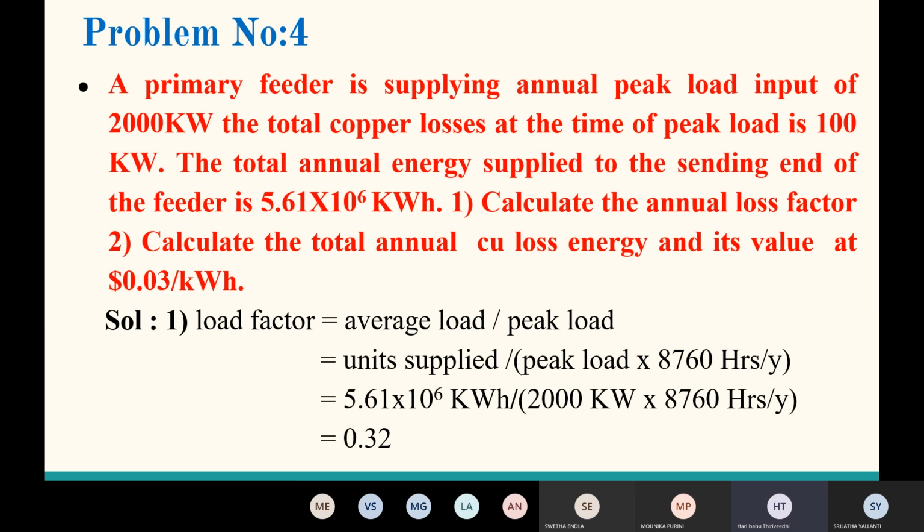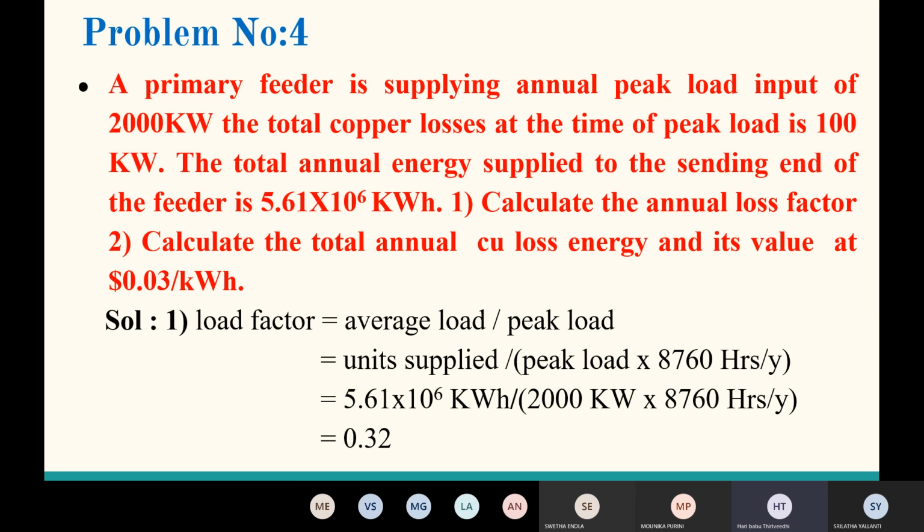A primary feeder is supplying an annual peak load input of 2000 kilowatt, that is the demand, and copper loss at the time of peak load, that is the power loss at peak load, is 100 kilowatt, same as the before problem.